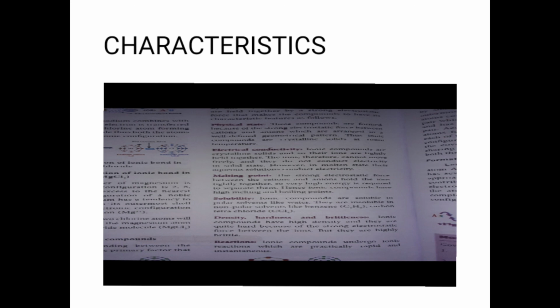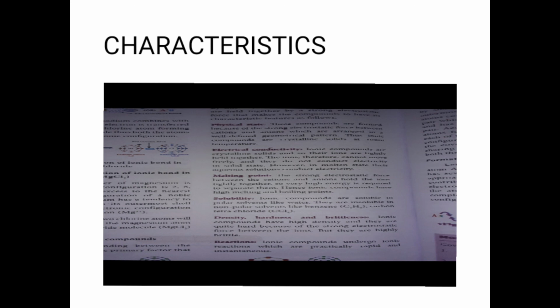And how about their melting point? You already know what melting point is. The strong electrostatic force between the cation and the anion holds the ions tightly together, so very high energy is required. Okay, so they have high melting and high boiling points.